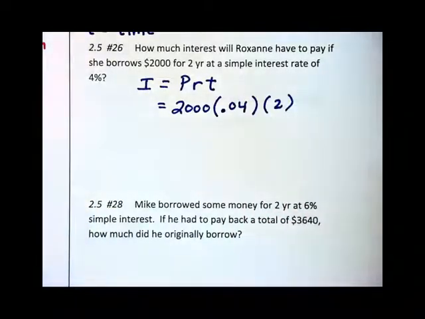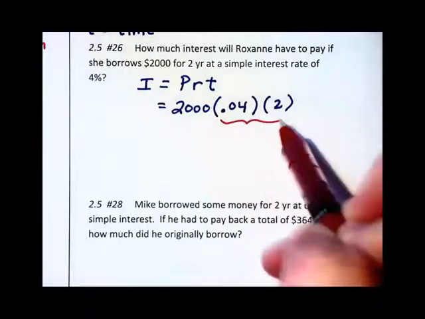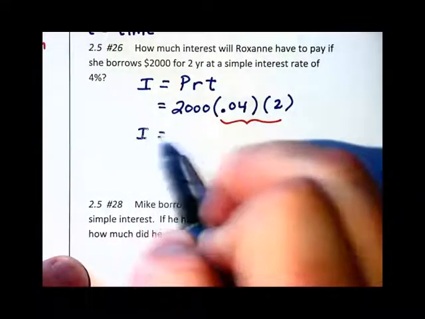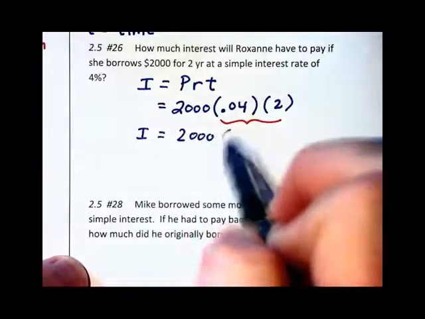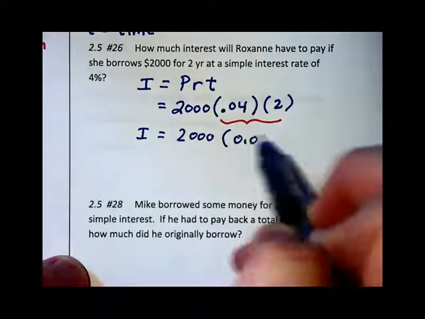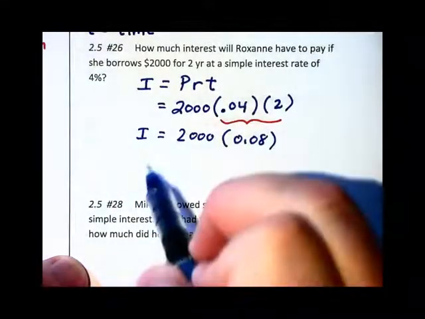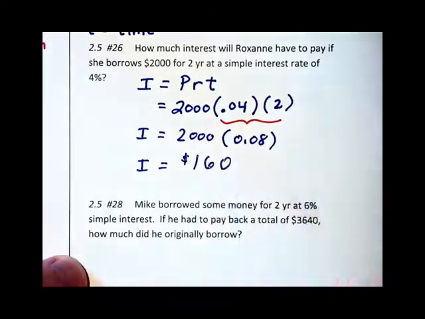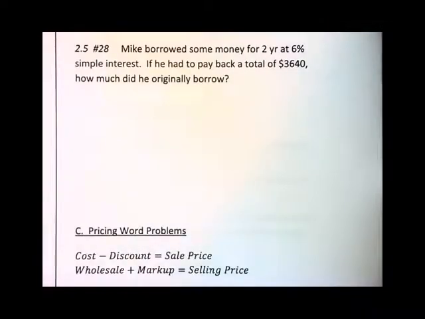Now, I think it's a little bit easier to multiply the 0.04 times the 2 first. That gives me interest equals 2,000 times 0.08, and that turns out to be interest of $160.